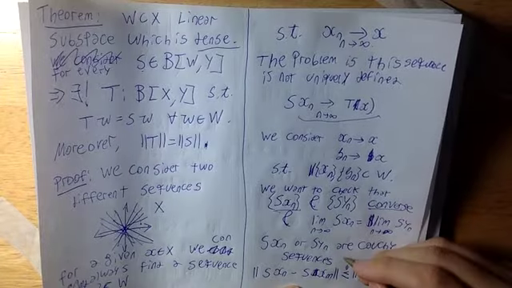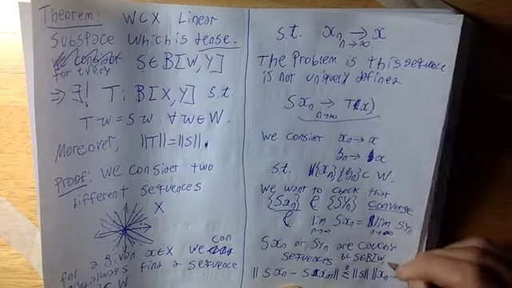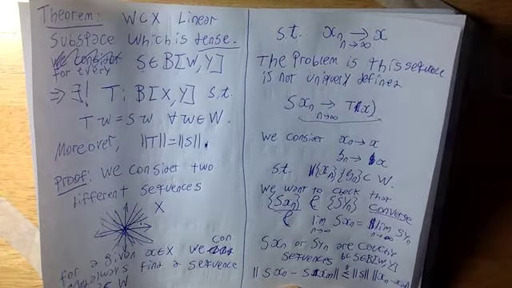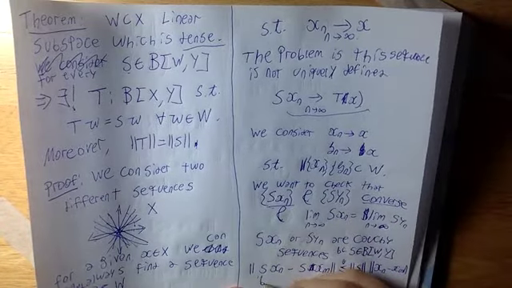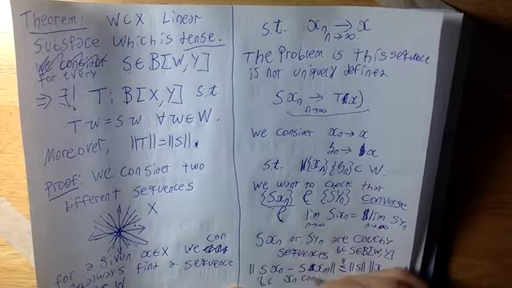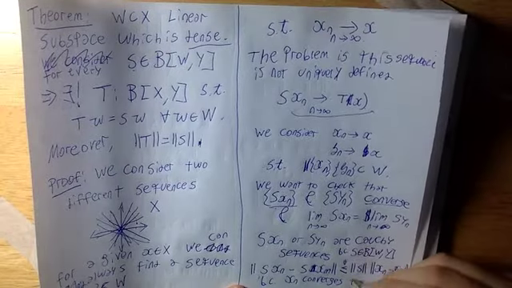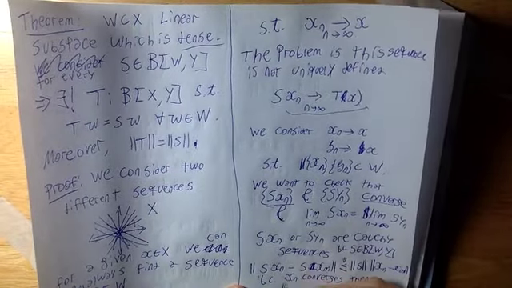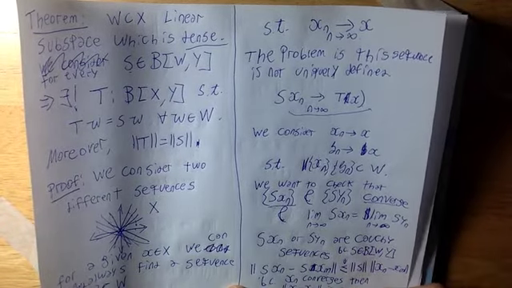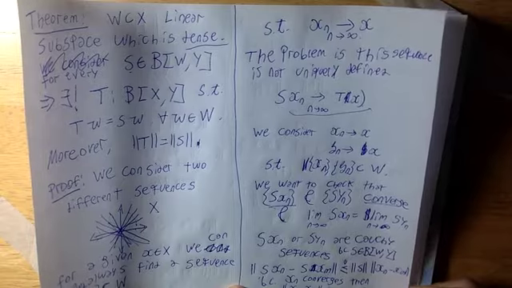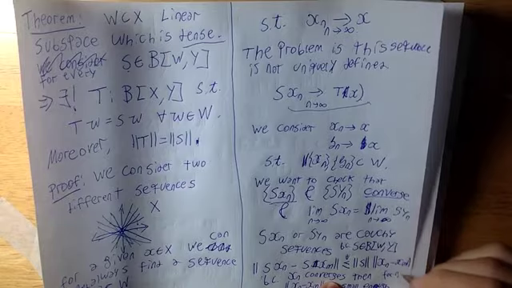This is because S is bounded from W to Y. Now, because xn converges, xn minus xm is small enough for n and m large.